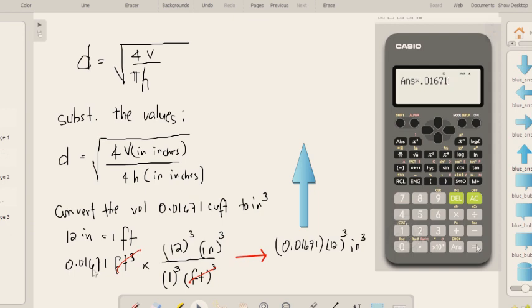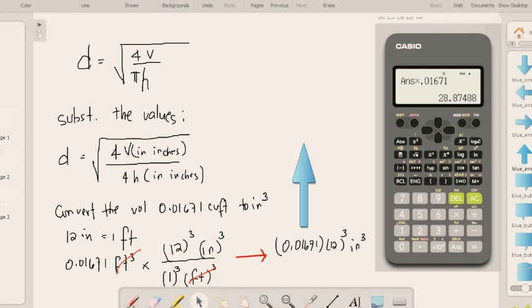That gives us 28.87488. That is the volume expressed in cubic inches.